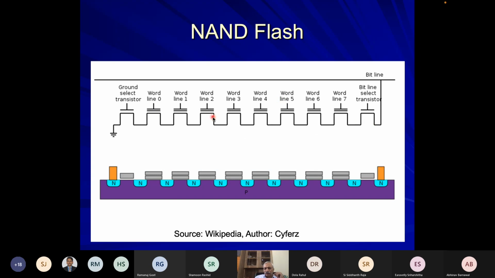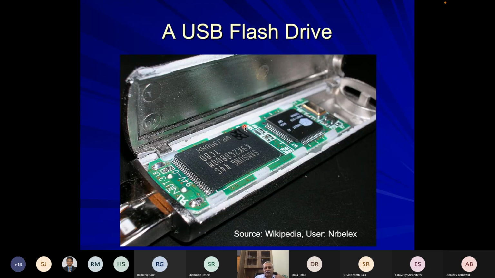So you need to activate these one by one to see which one is containing 0 and which one is containing 1, and that's why sequentiality creeps in. This is a picture of a USB flash drive opened up, and inside you can see one is a flash chip, the other is a controller.